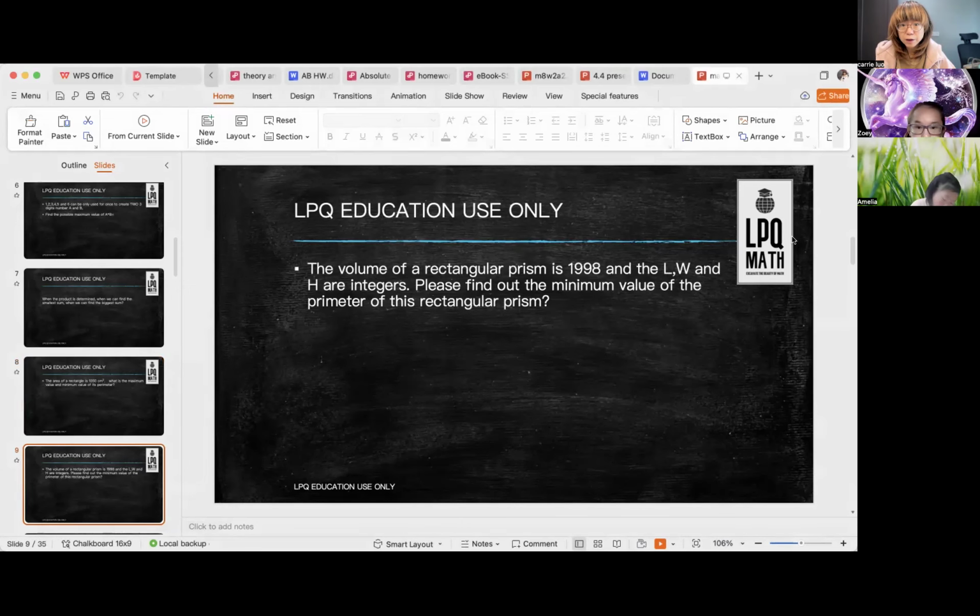The volume of the rectangular prism is 1,998, and the length, width, and height are integers. Please find the minimum value of the perimeter of this rectangular prism. So what is a rectangular prism? It's a box, right? So how do we find the perimeter? First of all, we need to draw that.